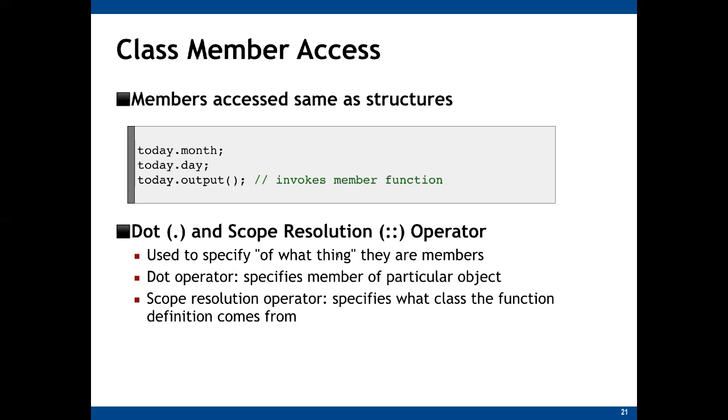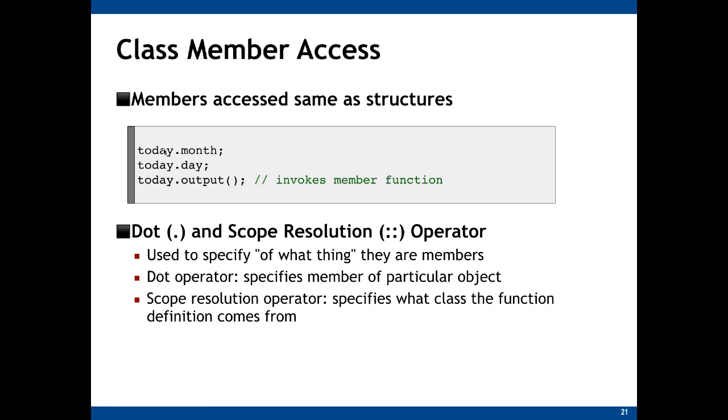The member variables of the objects can be accessed via the dot operator, which is this one. It's the same way you access member variables in a structure. So today is an object of the DayOfYear class that we defined in previous slides. Using this dot operator like this, we can access the month and day member variables of this object.